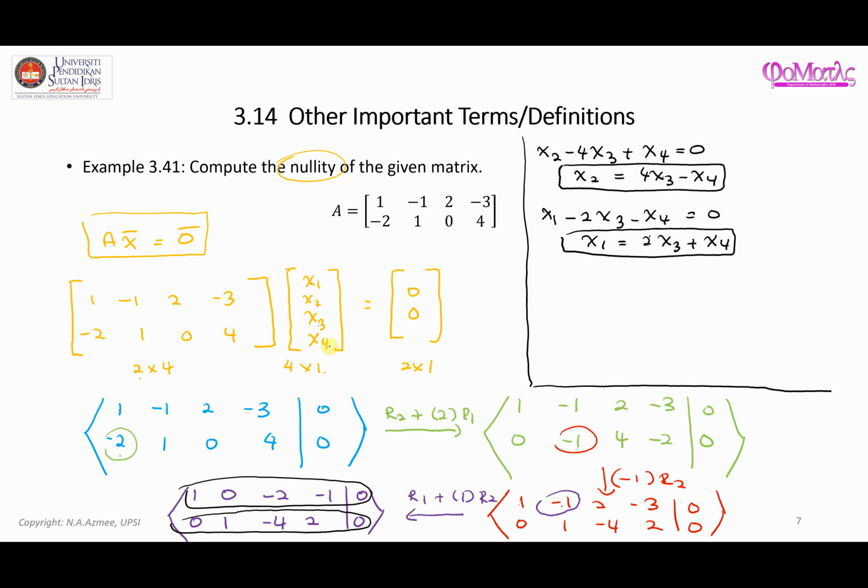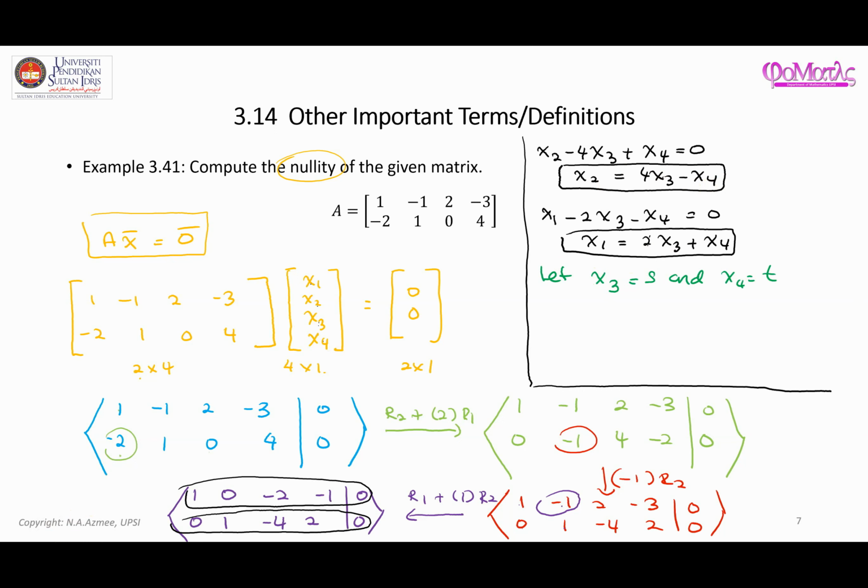Therefore, 2 of them will be the free variables. Based on this first equation, we should let x3 equal to s, and x4 equal to t.